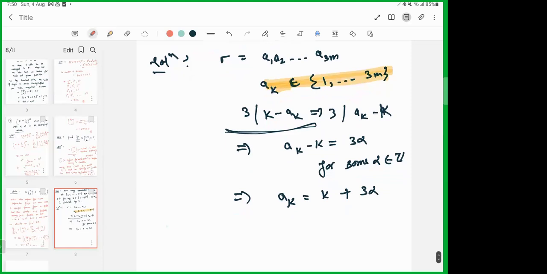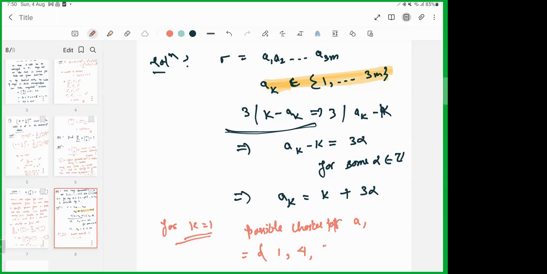Suppose k is 1. For k equals 1, what are the possible choices for a1? The thing is that this should be taken modulo 3, so 1 mod 3. The possibilities for a1 should be congruent to 1 mod 3. What would these be?